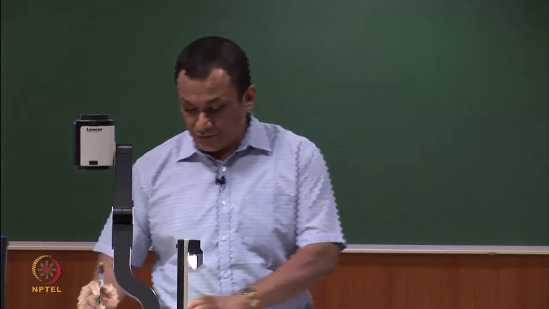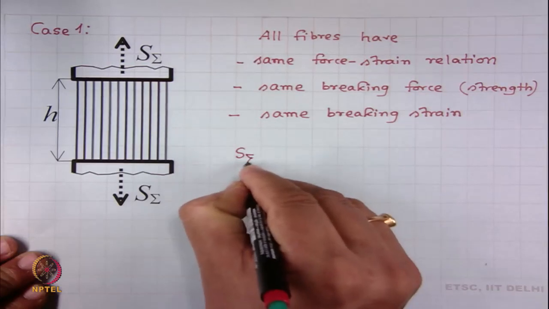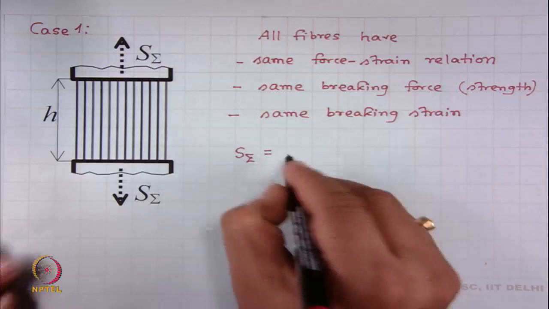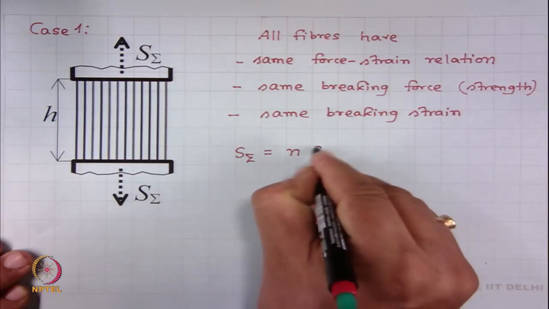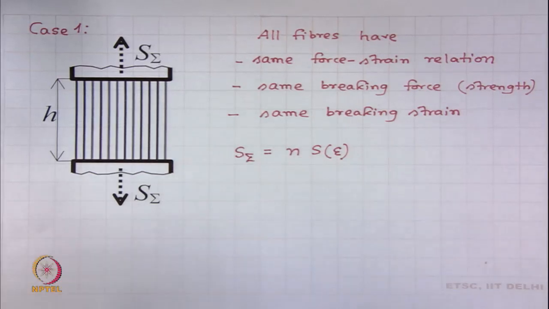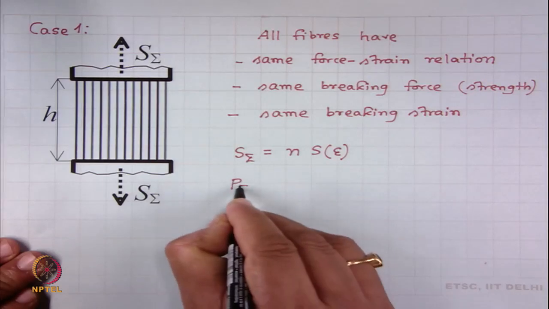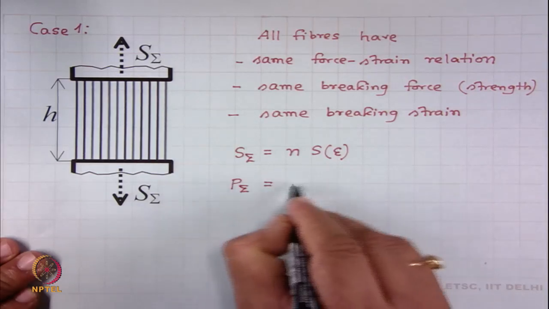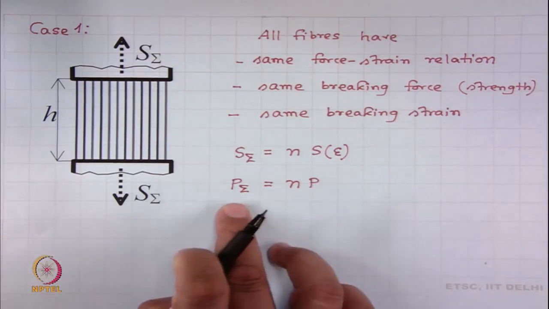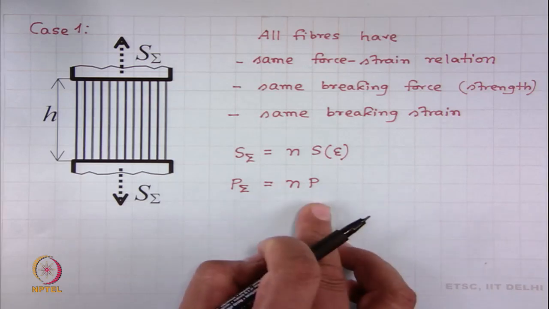In such a situation, the following relations are valid. We will be able to multiply them. Similarly, strength of the bundle will be equal to number of fibers n into strength of one fiber.